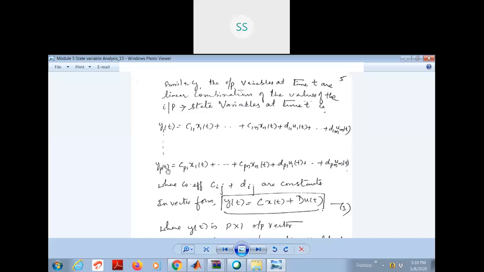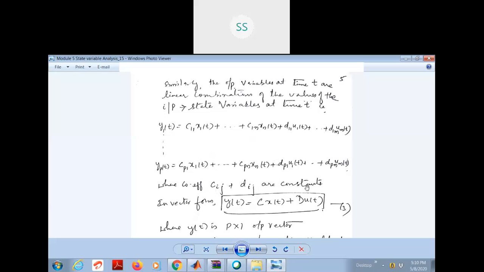So there are p number of output equations as described, and at the same time the coefficients of the state variables x1, x2, x3 etc. are represented by the Cij terms. In the output equations, Cij terms are used to represent the coefficients, and Dij are the constant terms.